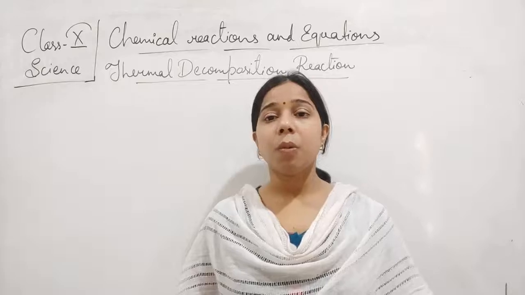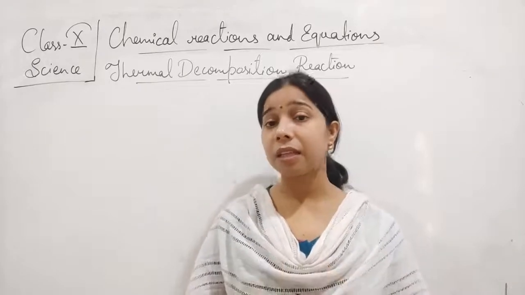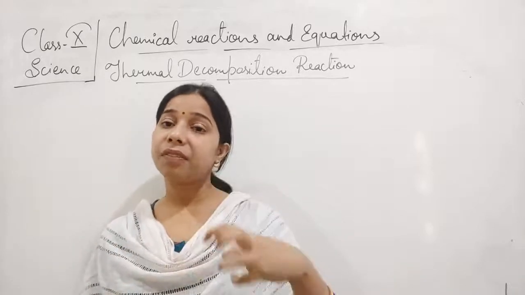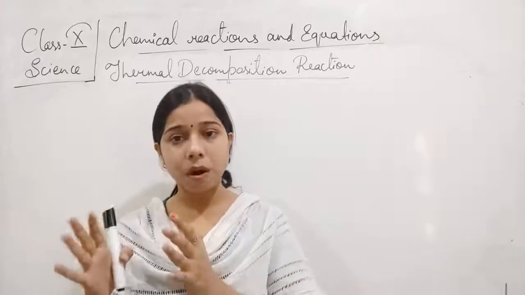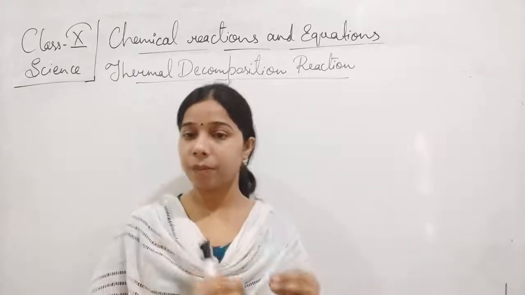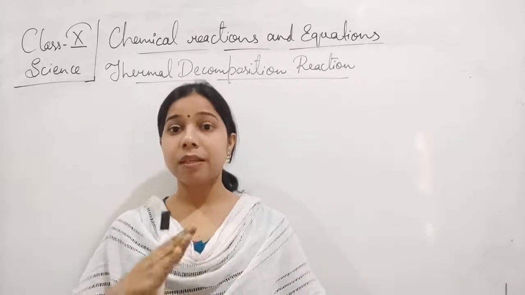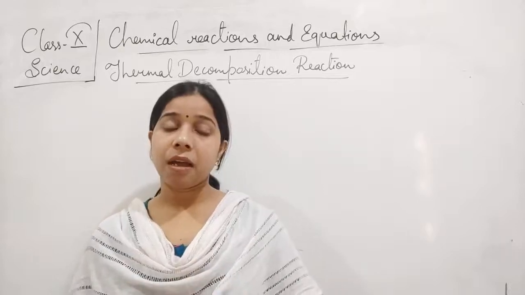When we were talking about the decomposition reaction, we saw that one single reactant gives two or more products. It means a big molecule is converting into smaller ones. And to carry out this process, what is needed is energy.